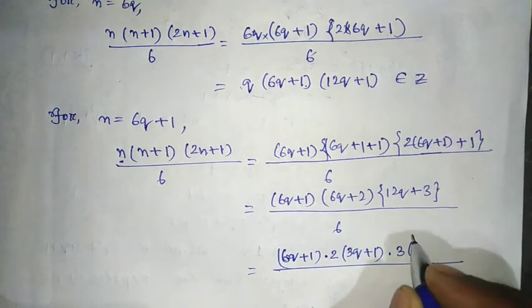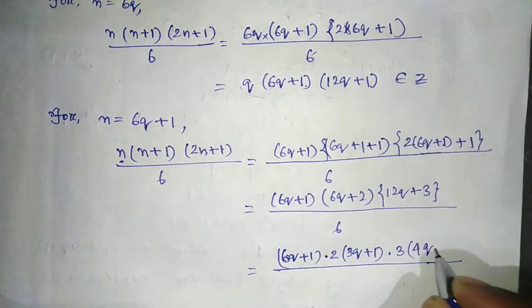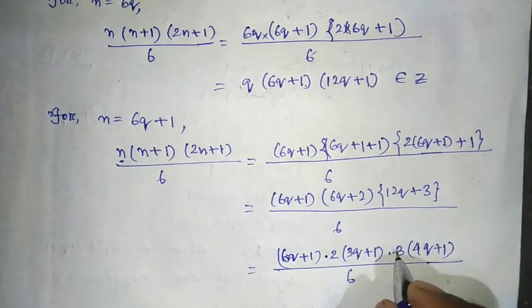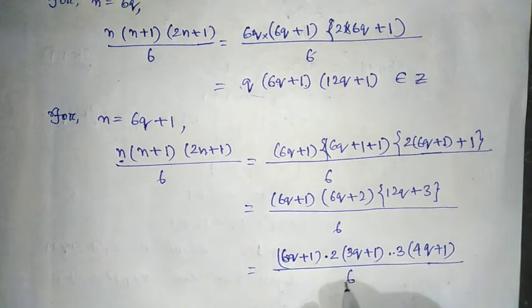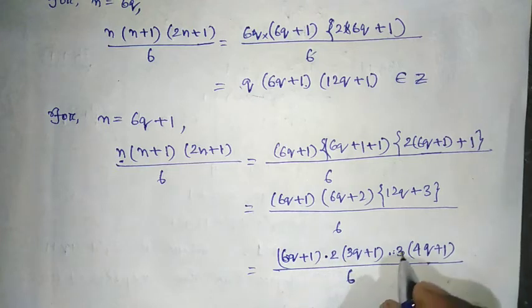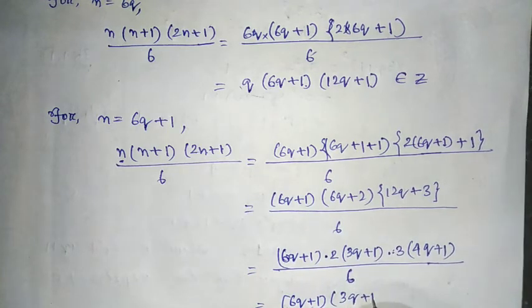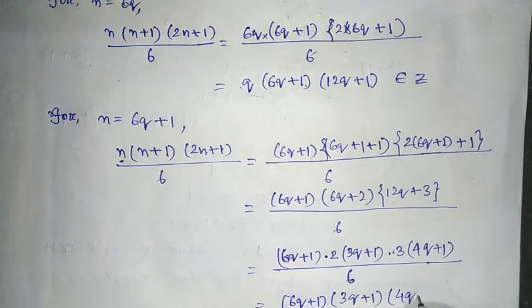Here 4q plus 1. Now see, 2 into 3 is 6, which cancels this 6 in the denominator. So we can write 6q plus 1, 3q plus 1, and 4q plus 1.